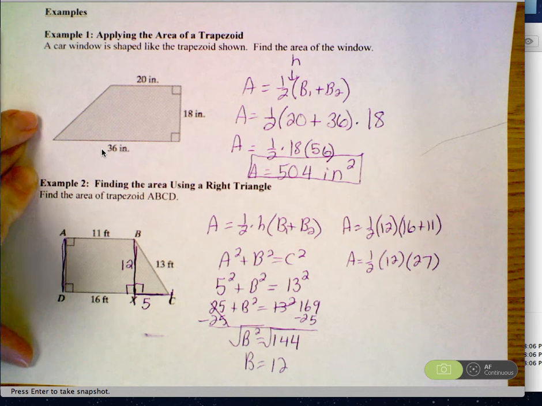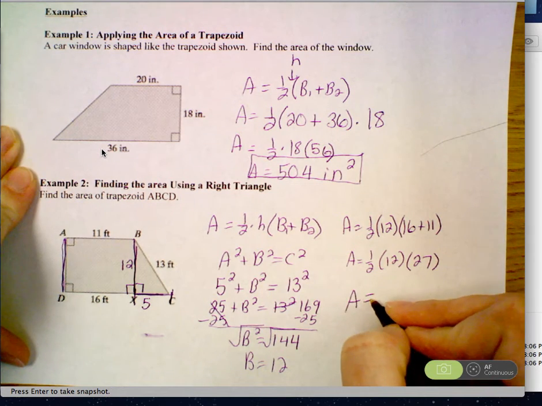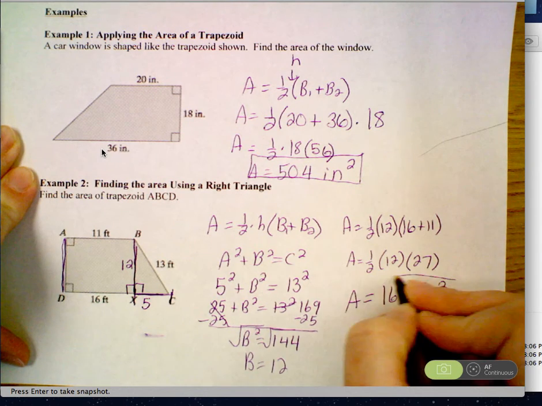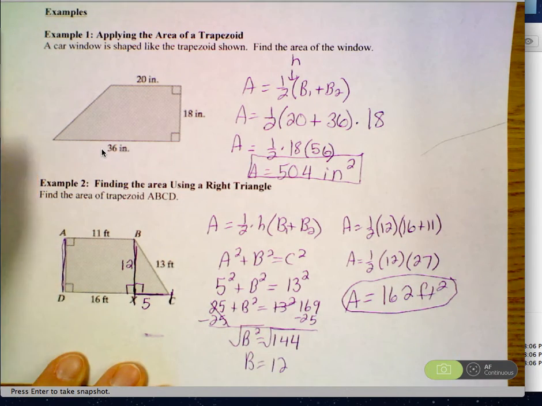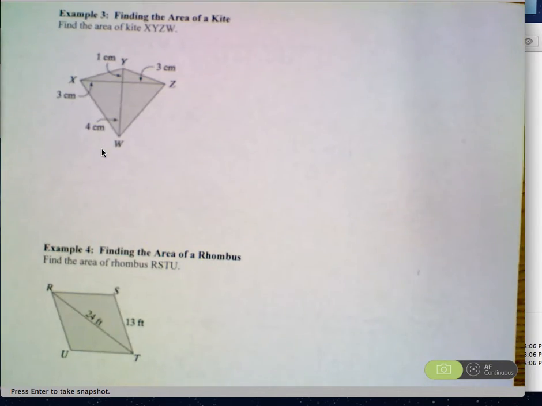When we plug that into our calculator, we should get 162. So the area is 162 feet squared. The tricky part about that was finding that height. So that's trapezoids. We're going to flip our notes over.